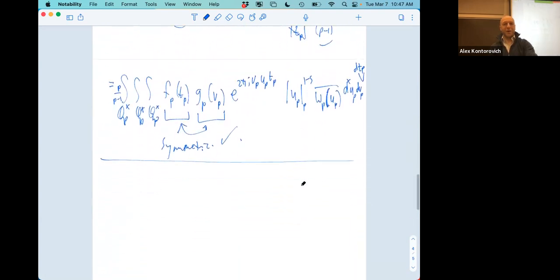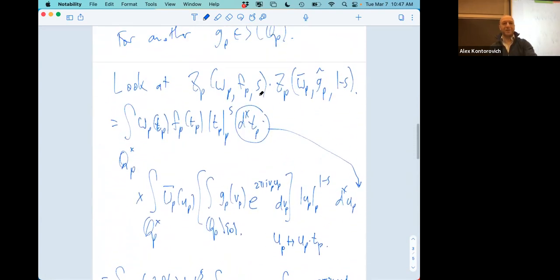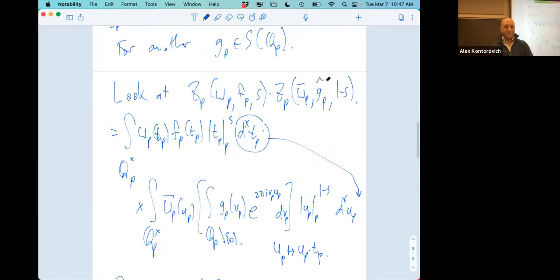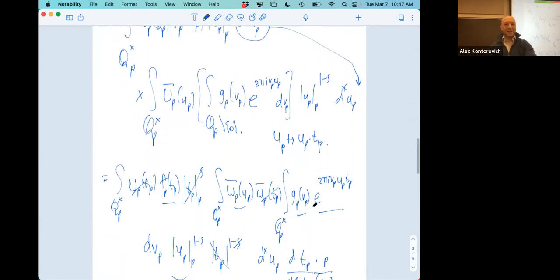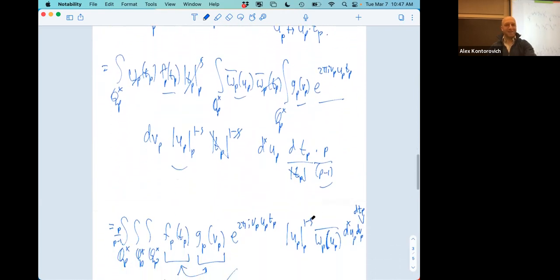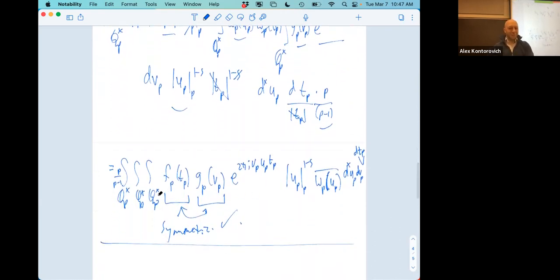Yeah. So all it is taking these three integrals. The three integrals are the two integrals defining Z_p and the one integral defining g hat, making one little change of variables. Everything falls away. And all that's left is a triple integral with f at t_p, g at v_p, e to the 2πi v_p t_p u_p, and then everything else is just u's.